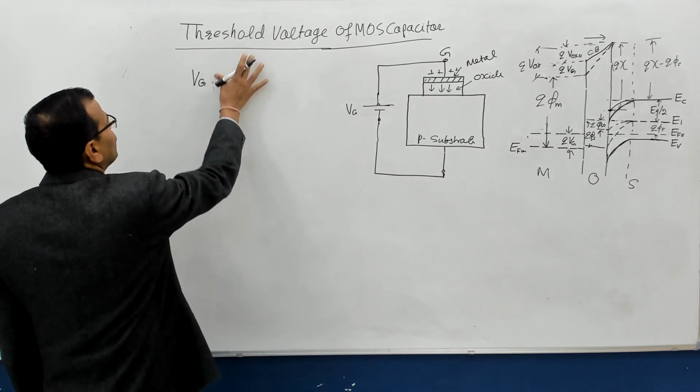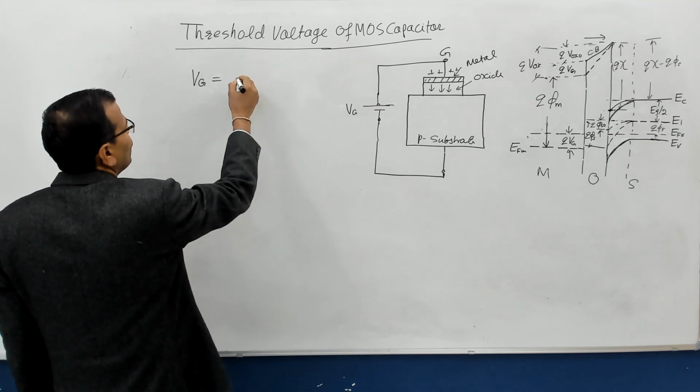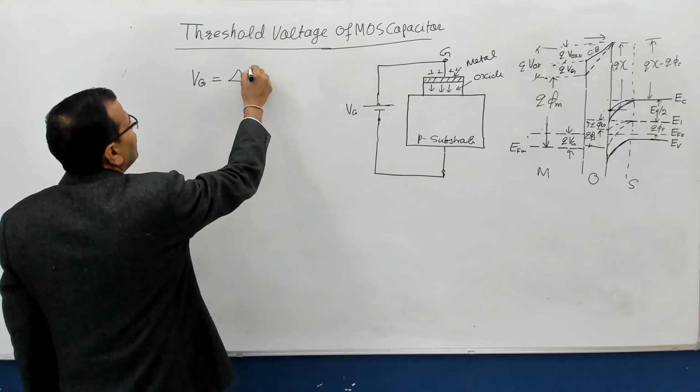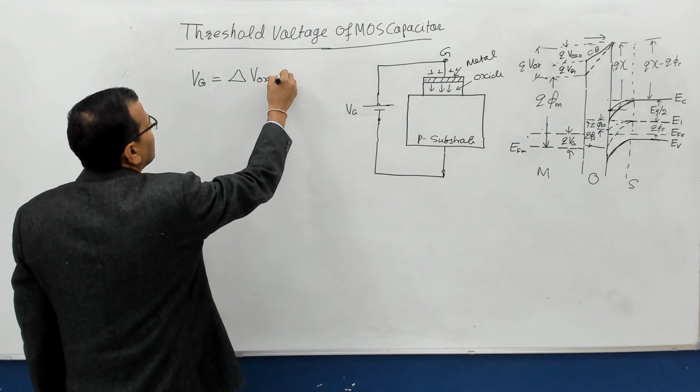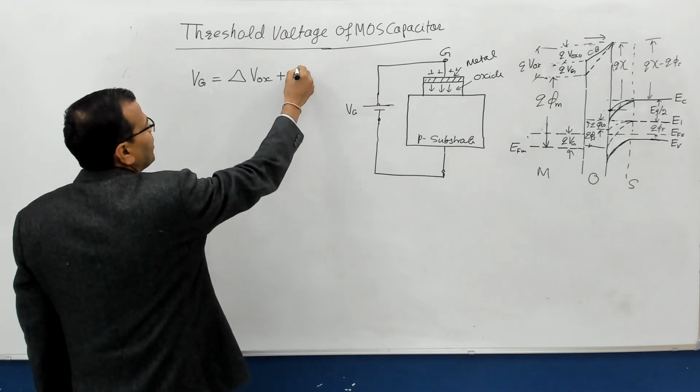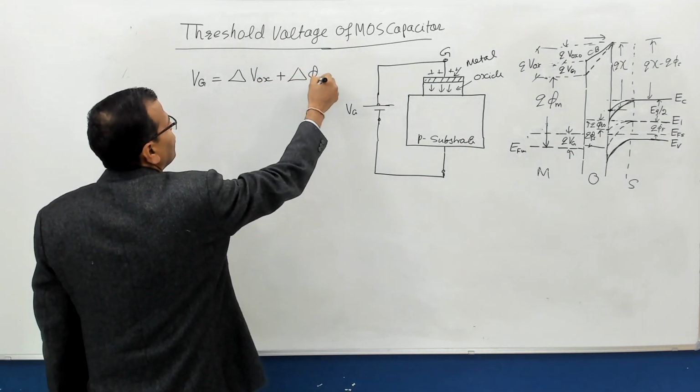So the gate voltage Vg will be equal to the change in voltage across the oxide layer plus the change in the surface potential.